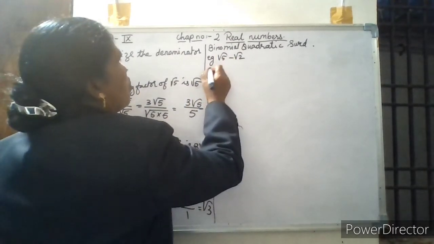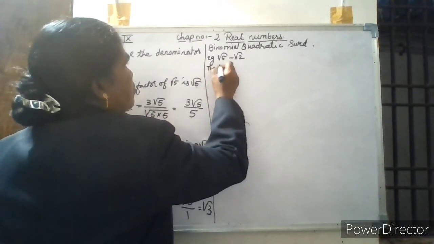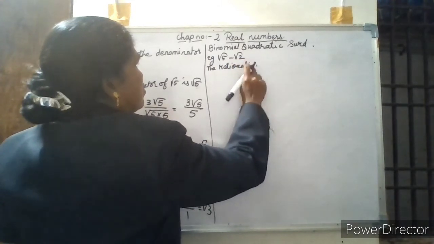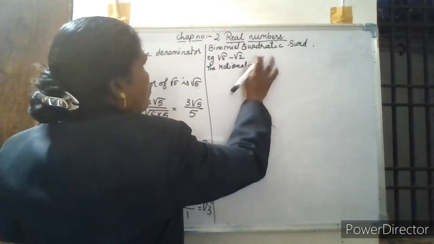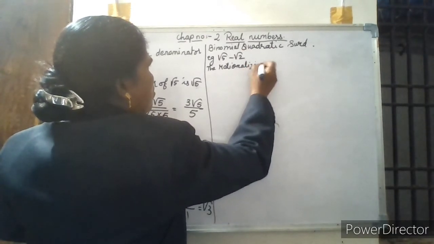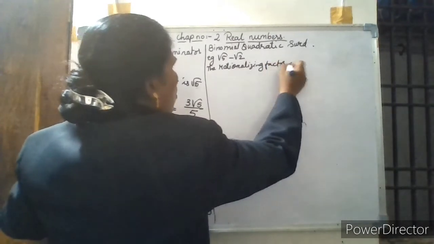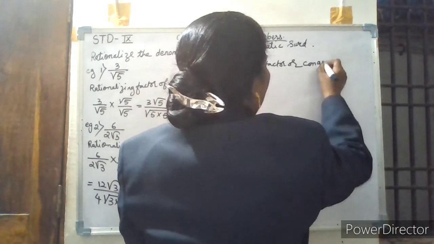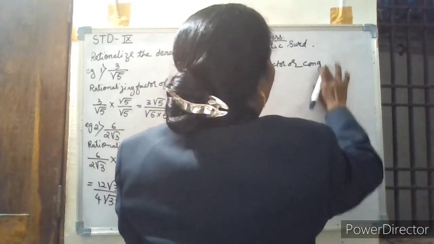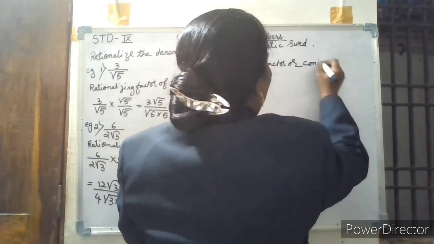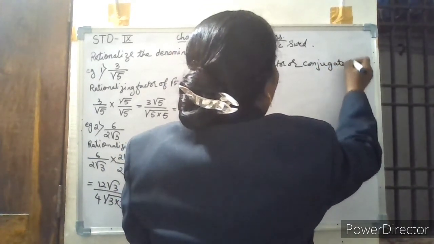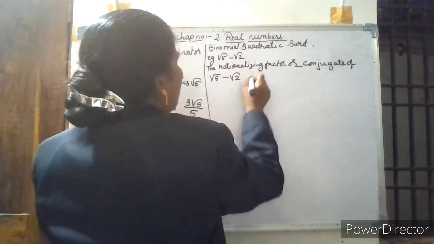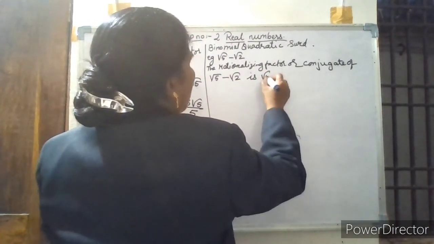So, the rationalizing factor or conjugate of this, root of 5 minus root of 2, is its opposite, that is root of 5 plus root of 2.